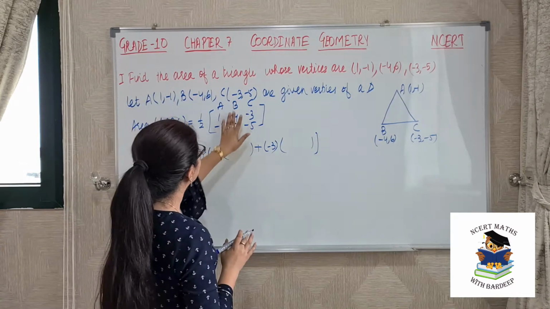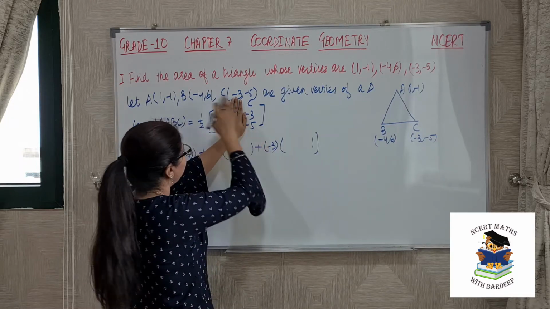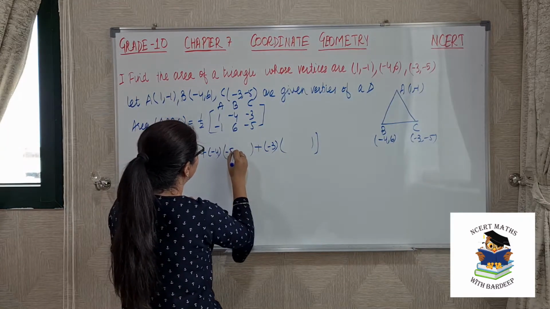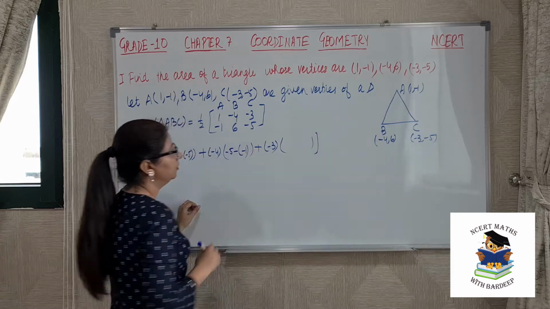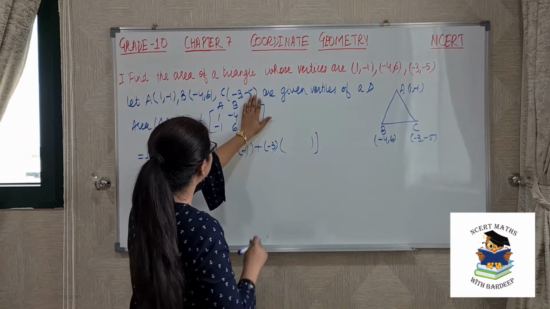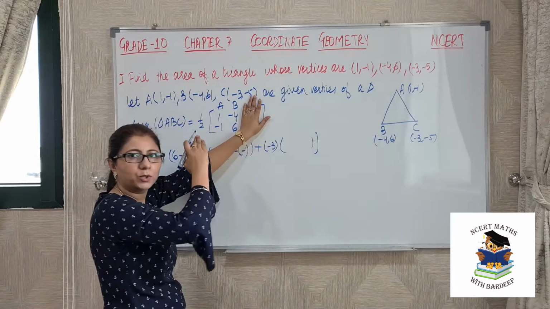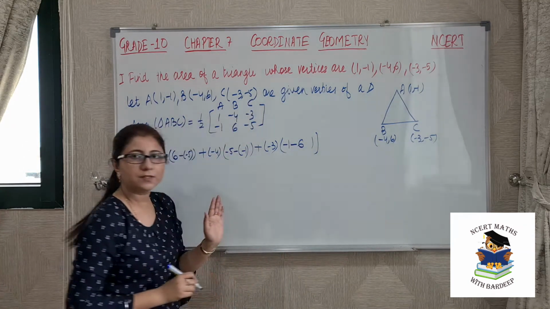Okay, for this minus 4 I will keep like this, then minus 5 minus of minus 1. So this is minus 5 minus of this value, that is minus 1. Correct? Now this is minus 3 here. Keep your hand here and then subtract these two y coordinates. So this is minus 1 minus 6.